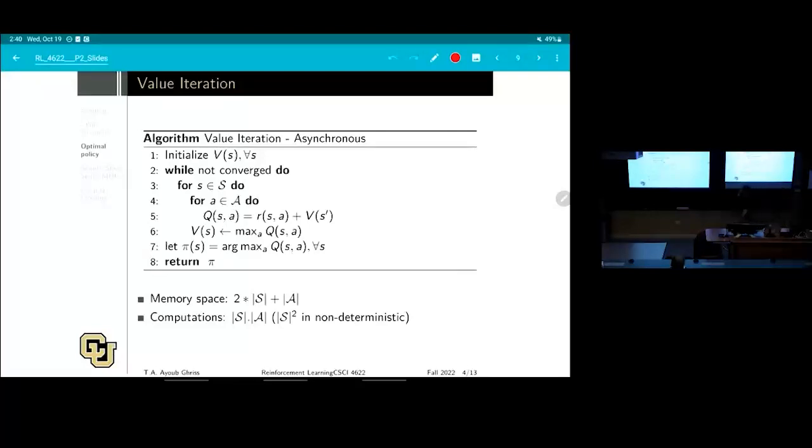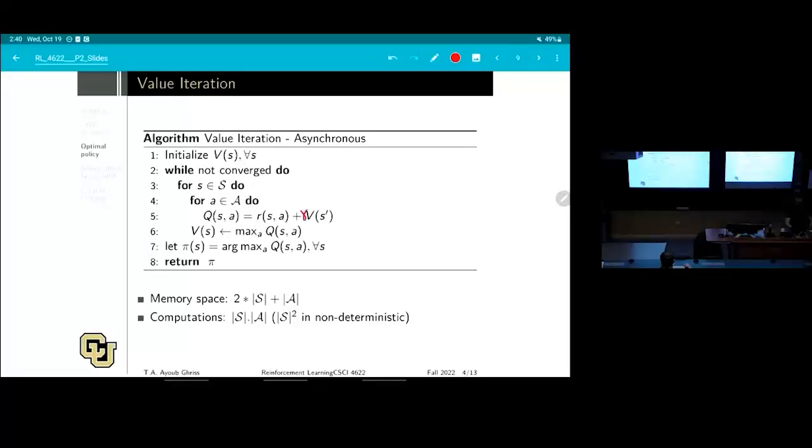For the memory space, we need to store the policy, which is the size of the state space. And we have to store V, which has the same size. We also need to store these quantities for each action, so that will be the size of the action space. For the computations, for each state we're doing A operations. We're storing A here, and we're taking the max over A. It's going to be S squared in the non-deterministic case.